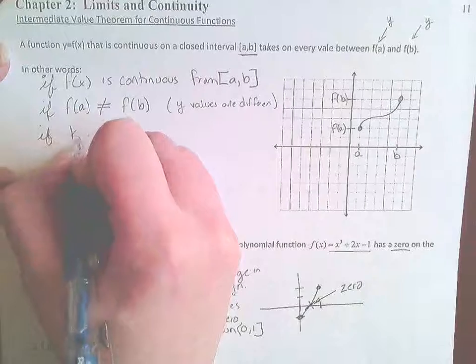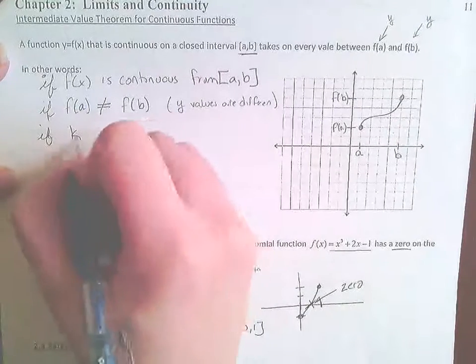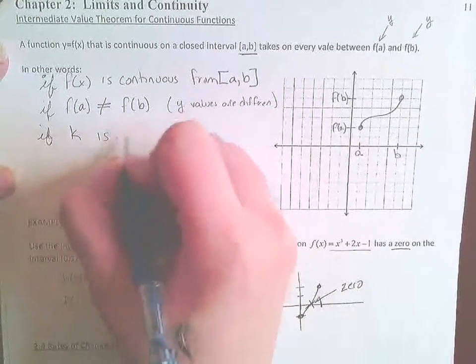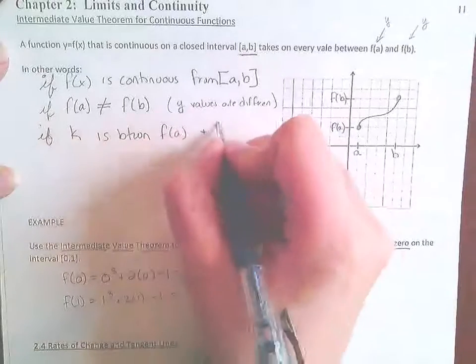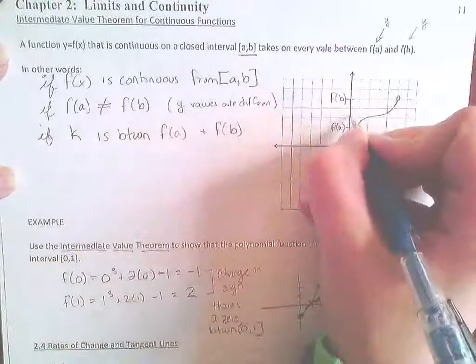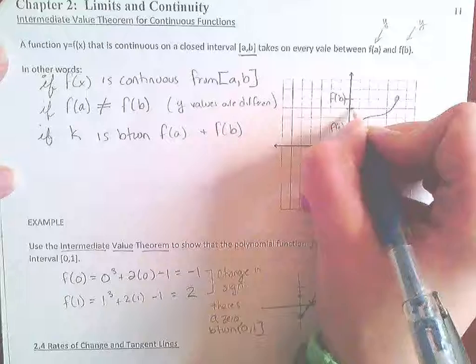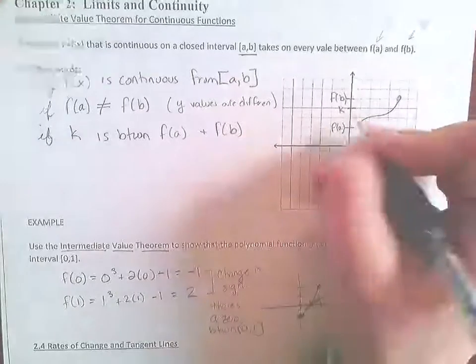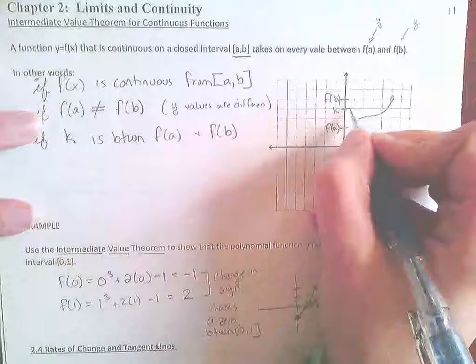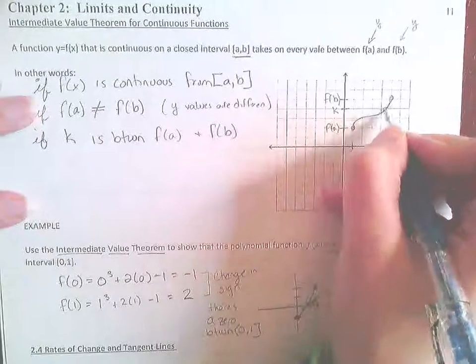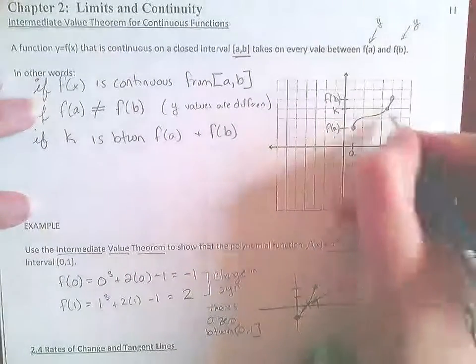If k, just a number k, is between f of a and f of b, so let's call this k right here, just a random number, approximately right there.